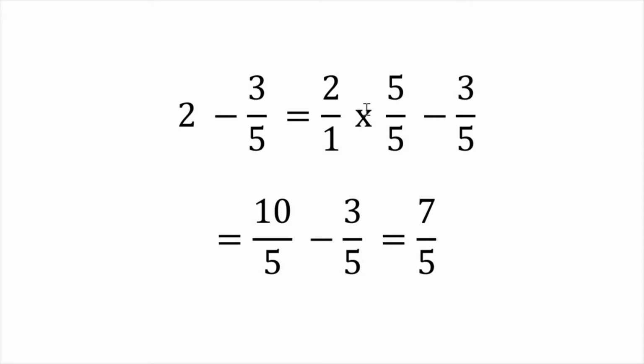So that means we will have 10/5. 2 can be written as 10/5. 2/1 and 10/5 are equivalent fractions. So when we write 2 as 10/5, we can then subtract 3/5 from it because these two are like fractions. So the answer is going to be 7/5.